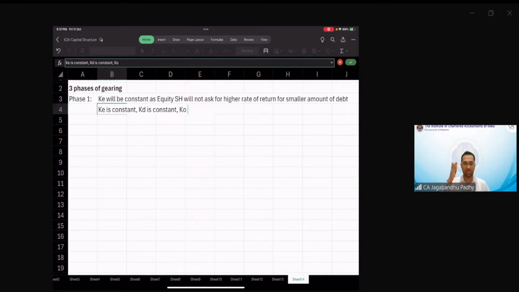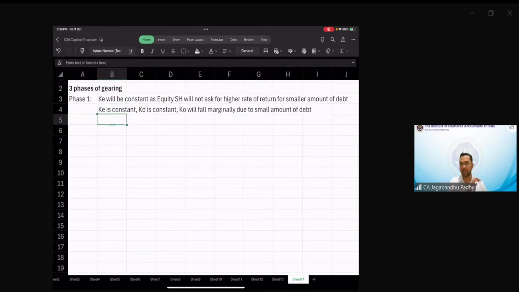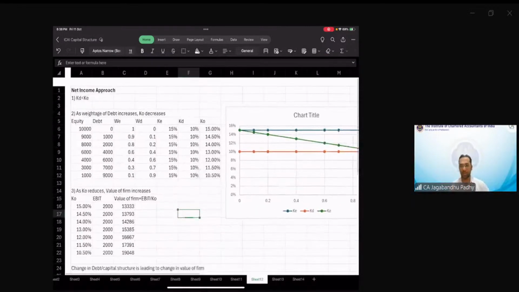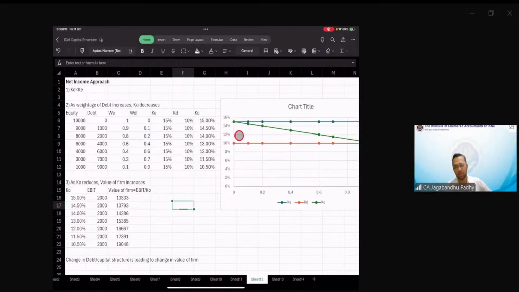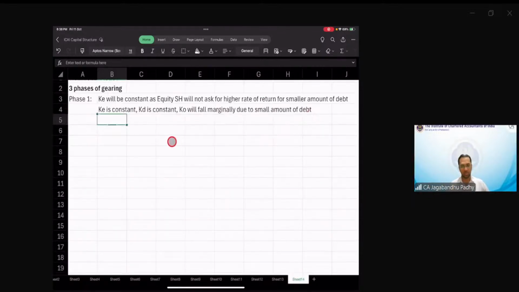If your KE is constant, your KD is constant, KO will fall marginally due to the small amount of debt. In the net income approach, we already saw this: as cost of equity and cost of debt are constant, your overall cost of capital is falling. So there will be some slight fall that you will observe in the KO.